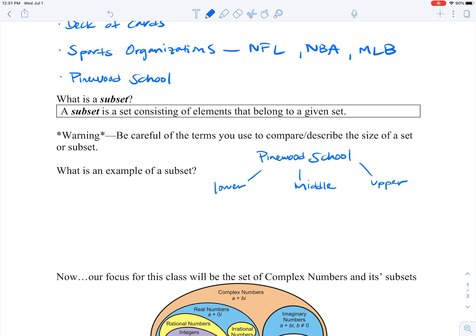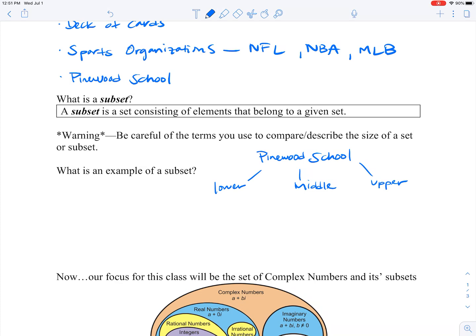Every student that attends lower campus is also a student of Pinewood. So all of the students that attend lower campus, or lower campus itself, can be thought of as a subset of Pinewood. Same thing with middle campus, same thing with upper campus.